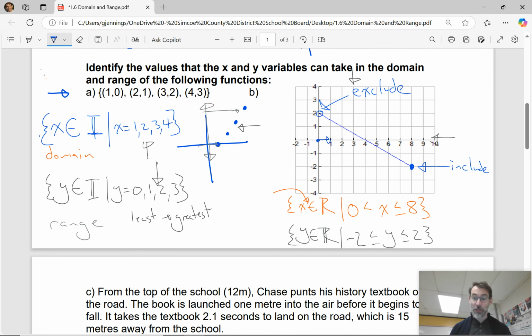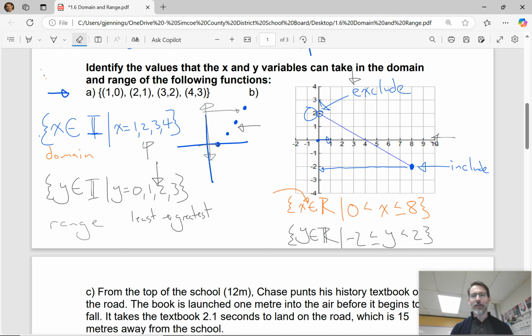Any positive number, but not 0, excluding 0. And then we would have to change y as well, because while we do include -2 here, we're excluding the maximum there, that 2. So I would just say is less than 2. Not less than or equal to, but less than. So that's how I would change in that case, to reflect, include, or exclude those points.